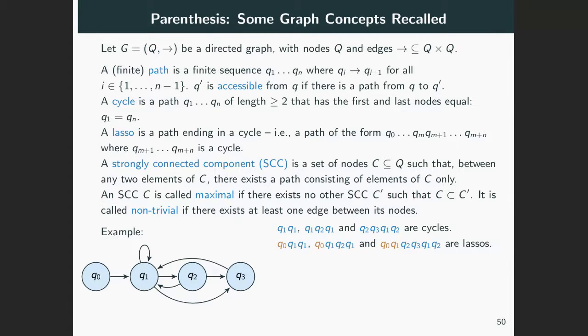And here are some examples of lassos where I draw the stem in brown and the cycle in blue. So we have, for example, this one is a lasso that starts with Q0, moves into Q1, then to Q2, where it starts forming a cycle, namely Q3, Q1, Q2.